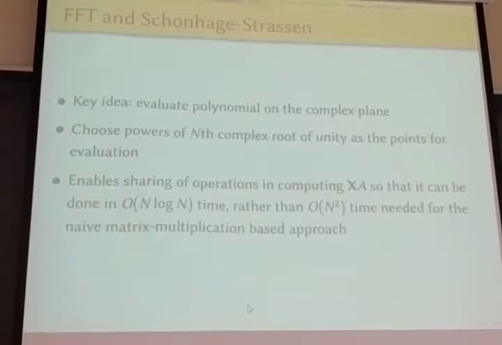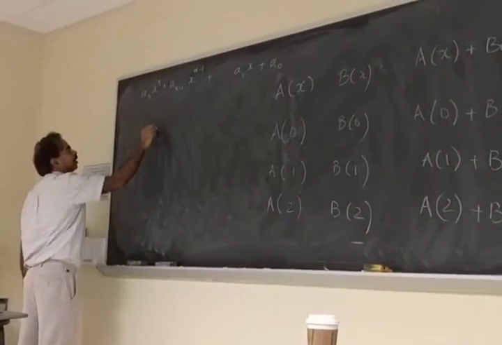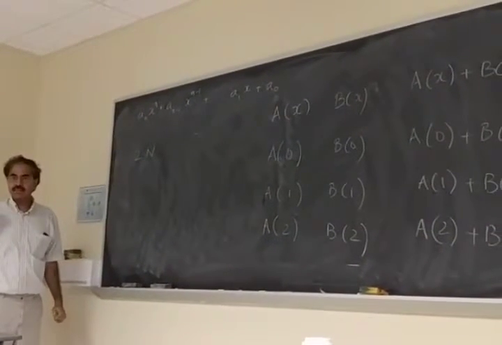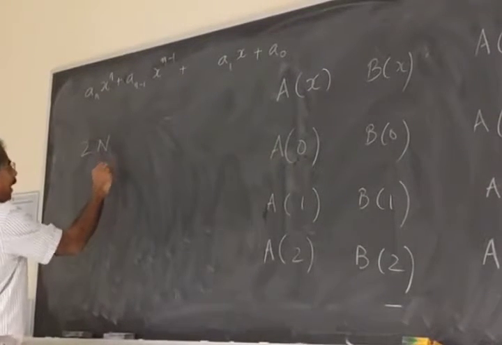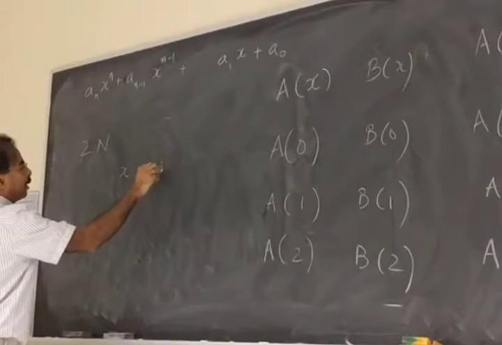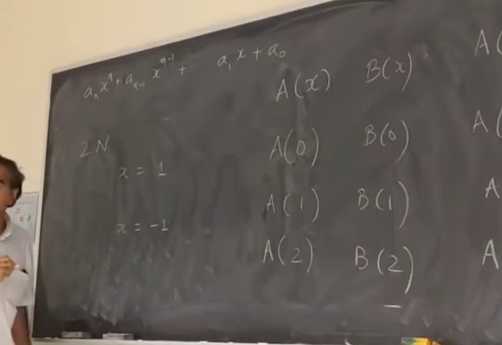I'll just try to give you a very high-level idea of what is going on. Suppose you evaluate the polynomial at two points, x equal to 1 and x equal to -1.